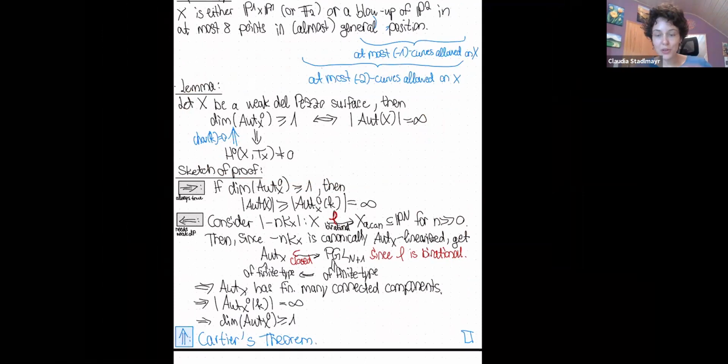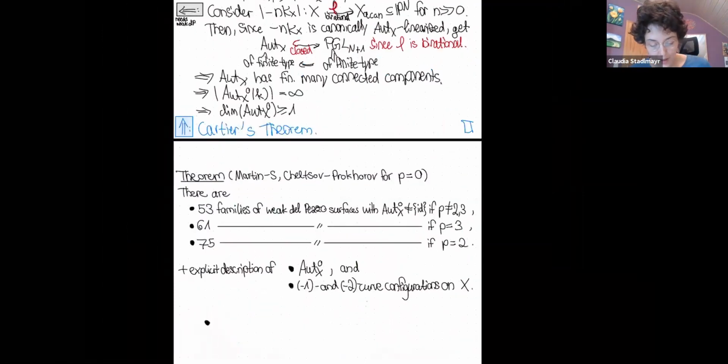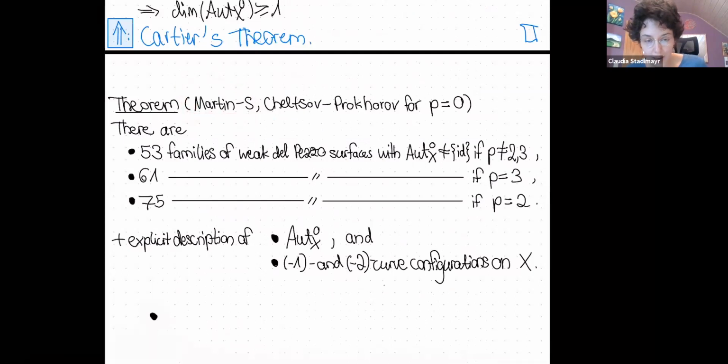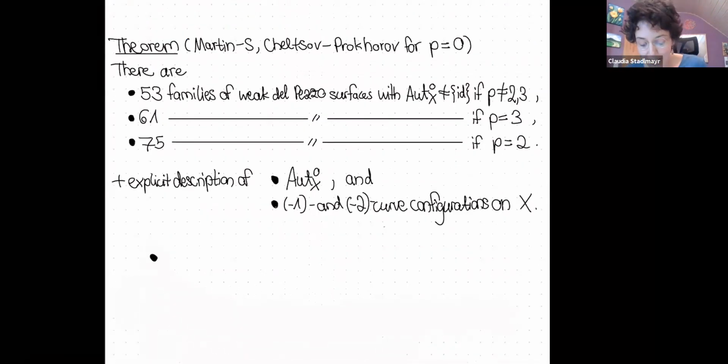Let me now show to you the main theorem. So it was this joint project with Gebhard Martin, and Ivan Cheltsov and Yuri Prokhorov classified all weak del Pezzo surfaces with infinite automorphism group in characteristic 0. And there are, in characteristic different from 2 and 3, 53 families of weak del Pezzo surfaces with global vector fields. In characteristic 3, there are even more, 61.